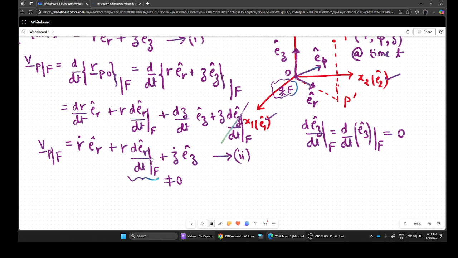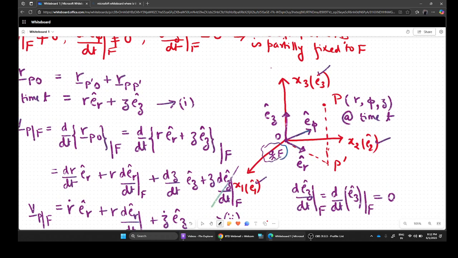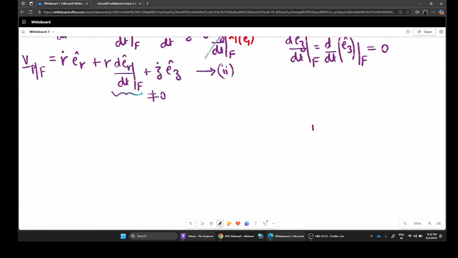To derive the exact expression of this quantity in terms of other unit vectors or the time derivatives of the scalar coordinates of the cylindrical polar coordinate system, I am going to draw another diagram, and that diagram will be the top view of the scenario that we have here. Somebody looking from this direction, looking at the plane of x1 e1 x2 e2.